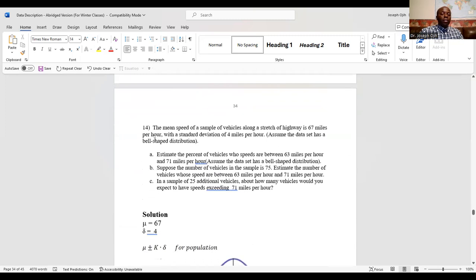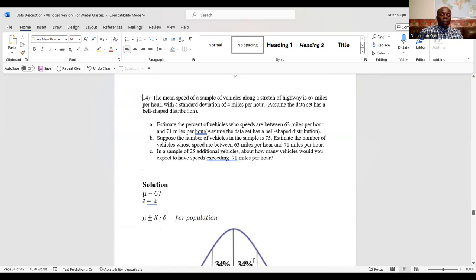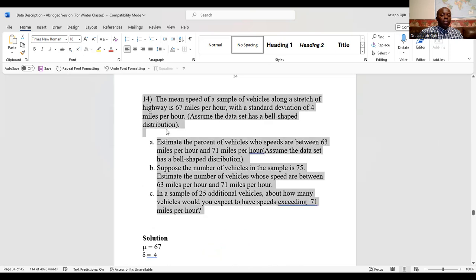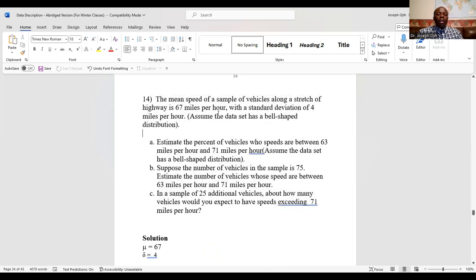Let me make it bigger, a little bit. Make it 18. It says the mean speed of a sample of vehicles along a stretch of highway is 67 miles per hour with a standard deviation of 4 miles per hour.